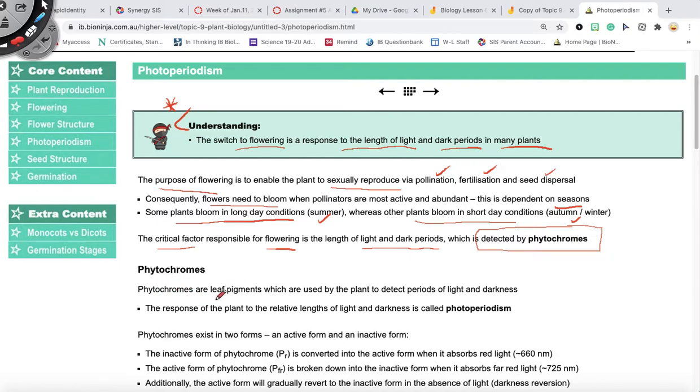We find these pigments in the leaf, and they tell the plant when there's lots of light, when there's less light, or when there are prolonged periods of darkness. It's that response of the plant to the relative length of light and darkness that we call photoperiodism.